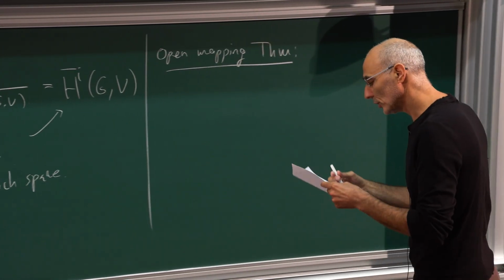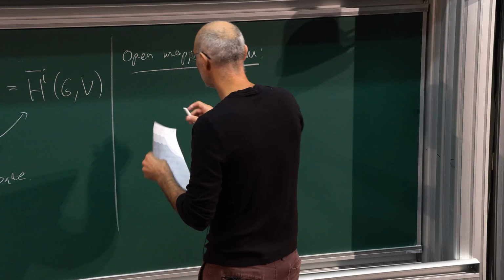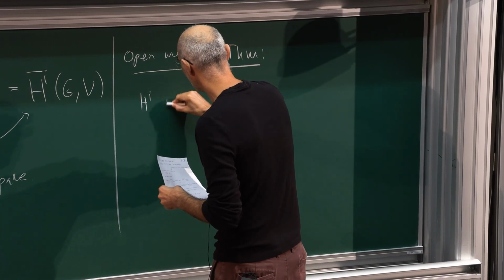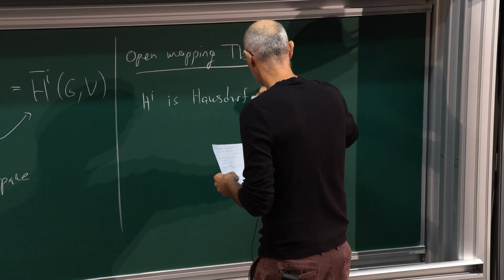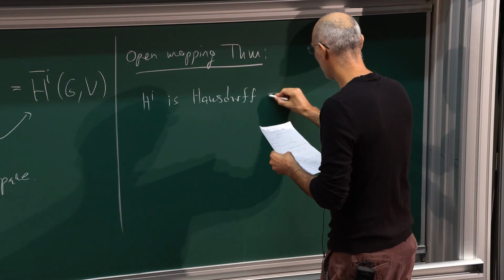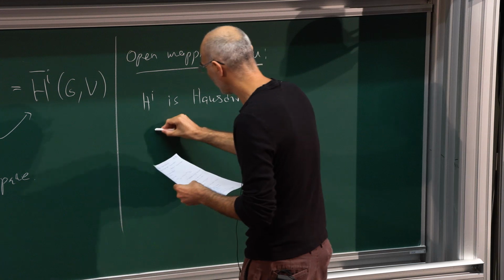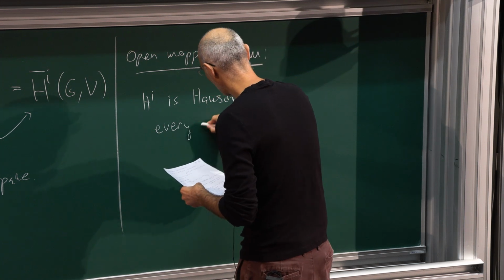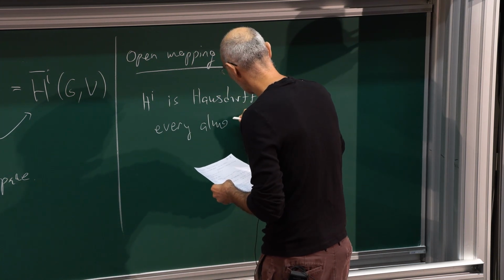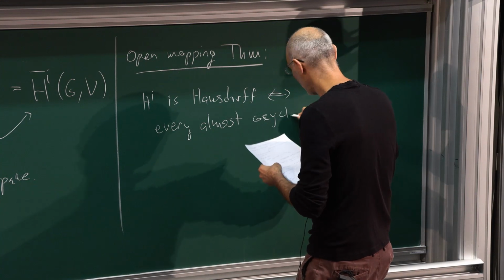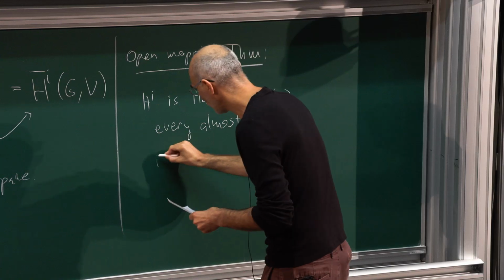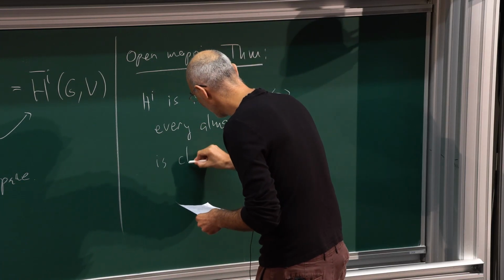In our situation, H^i is Hausdorff if every almost cocycle is close to a cocycle.